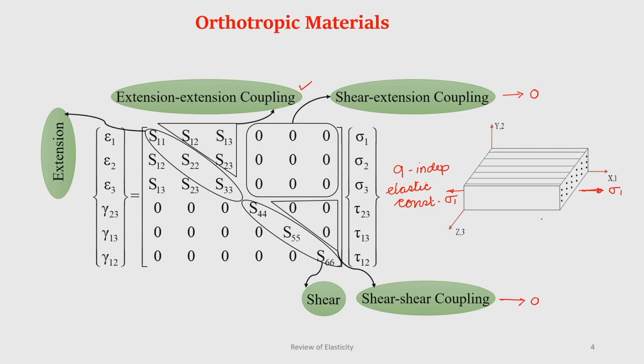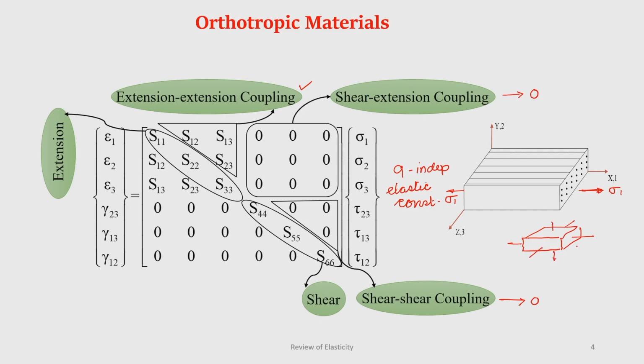Similarly, if we apply shear stress in plane 1 2, that will only lead to corresponding shear strain in plane 1 2, no normal strain and no shear strains in the other planes, because both shear extension coupling as well as shear coupling are 0. Therefore, suppose this is an orthotropic material and it is subjected to only normal stress.